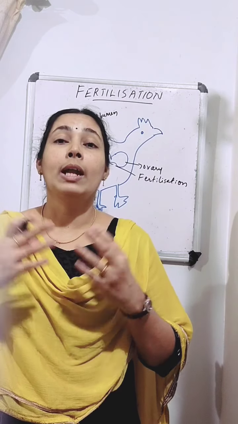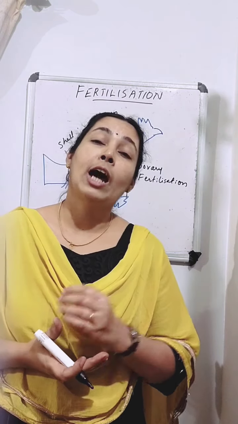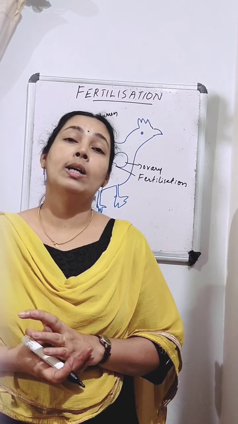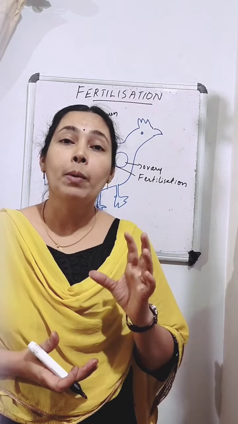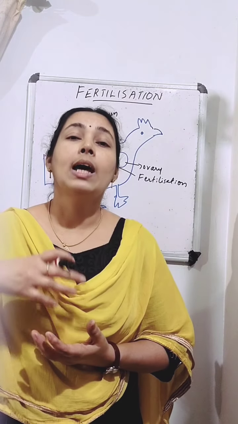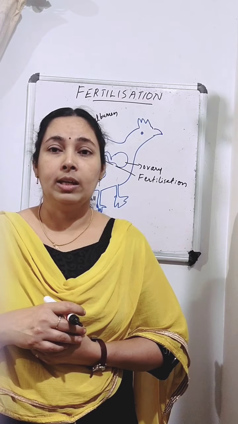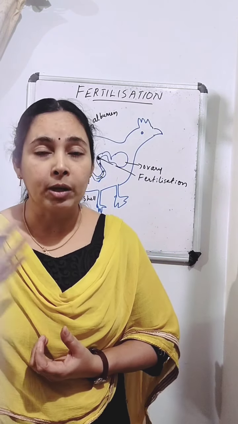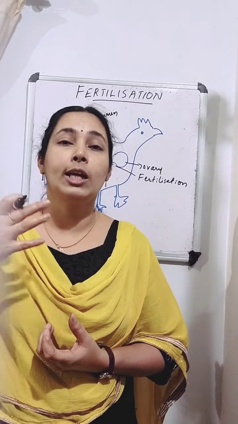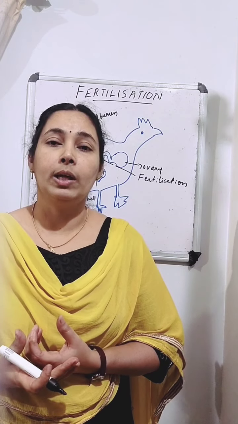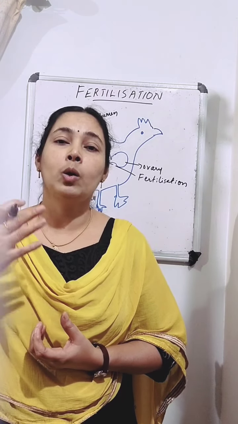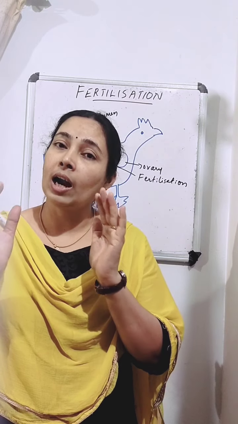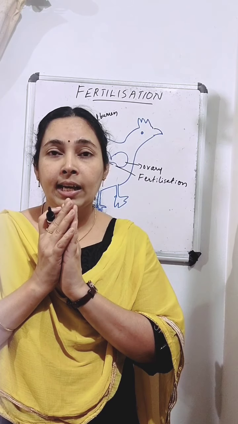Now, what about the development of the embryo in animals which undergo external fertilization? In animals which undergo external fertilization, development of the embryo takes place outside the female body. After laying the egg, fusion takes place, and after that, development of the embryo also takes place outside the body. The embryo continues to grow within its egg coverings. But it is not covered with a hard outer covering, only a jelly-like covering is there.